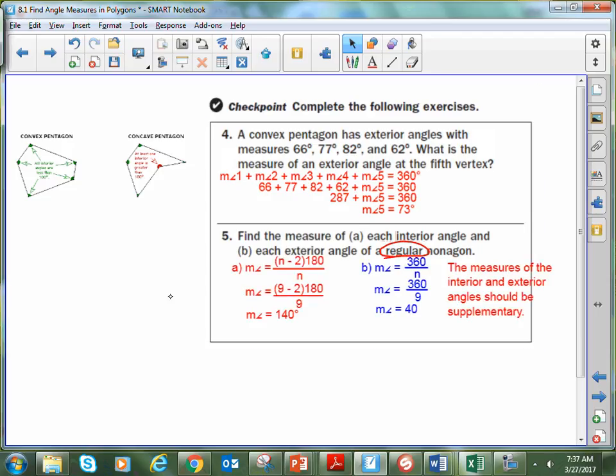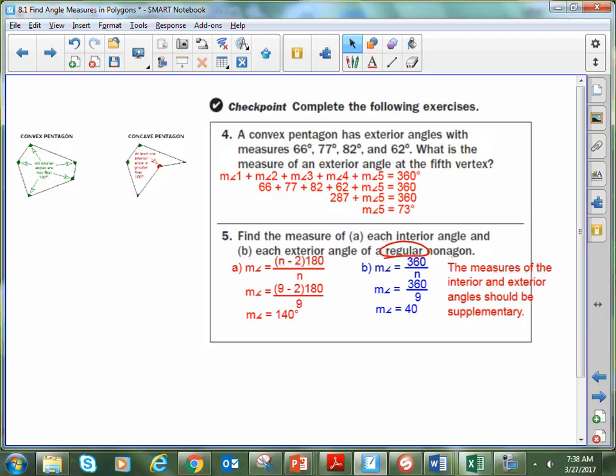So here we go. Depending on how you wanted to do it, I would say n minus 2 times 180 over n. So the sum divided by however many of the angles there are. In this case that would give me 140 degrees. For the exterior angles, we just say 360 divided by the number of sides. So I get the measure of the exterior angles to be 40 degrees. Now remember, because the interior and exterior angles are supplementary, once I know one of them, I really know the other one.